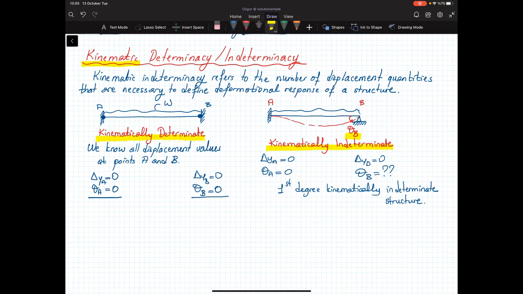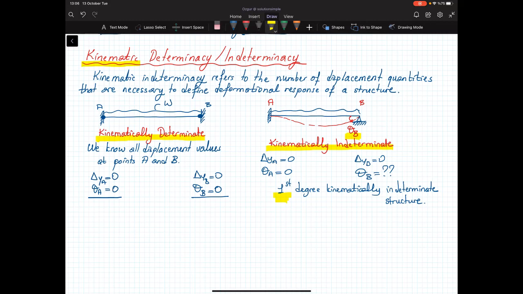We are not really worried about the static determinacy or indeterminacy of a structure, but mainly about the kinematic indeterminacy or determinacy. And since this is a first degree kinematically indeterminate structure, I have to find another equation and combine it with the equations that I'm working with to analyze such a structure.